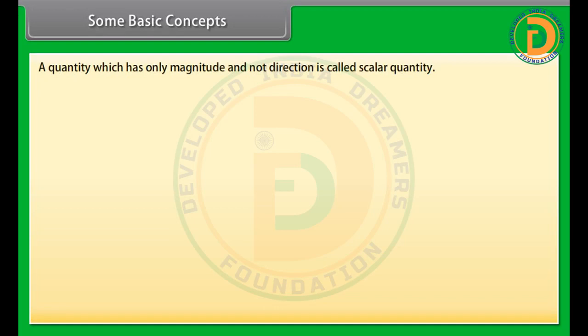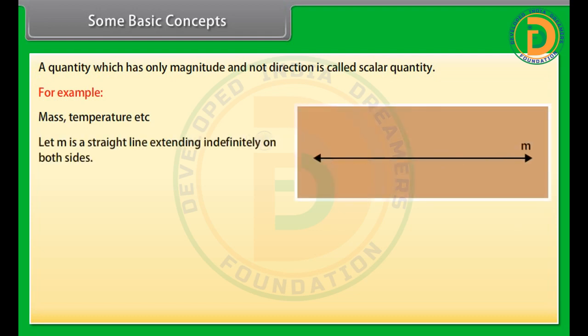Some basic concepts. A quantity which has only magnitude and not direction is called scalar quantity. For example, mass, temperature, etc. Let M be a straight line extending indefinitely on both sides. 2 points A and B on the line M form the line segment AB.